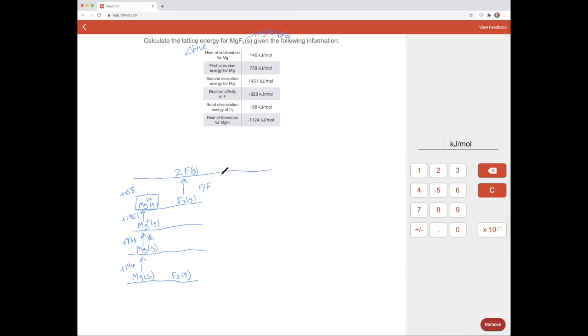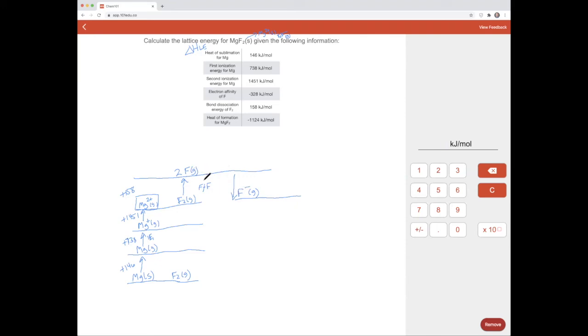Now I need to convert these fluorine atoms into fluoride ions in the gaseous phase, and that's going to drop my energy because of the octet rule and electron configurations. That is how fluorine gets its noble gas electron configuration.